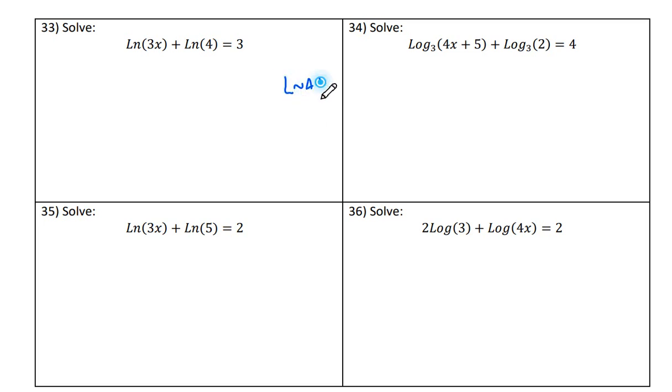If I have log of A plus log of B, that gives me log of A times B. And if I have log of A minus log of B, I have the quotient rule, A over B. I can bring these into a single log. And if I had some number in front being multiplied, this can come in as an exponent.